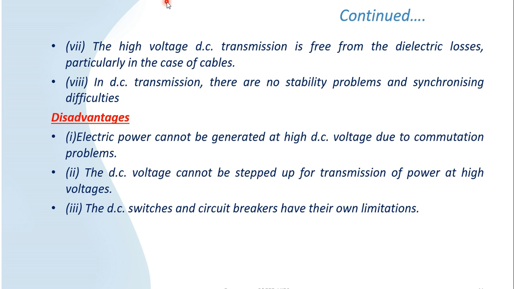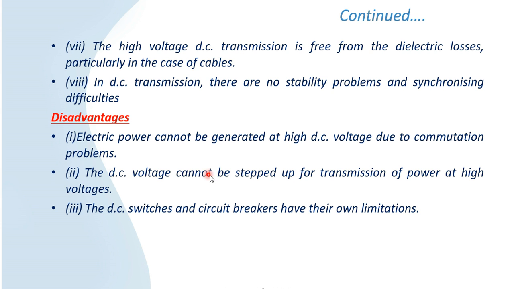The disadvantages are that electric power cannot be generated at high voltage due to commutation problems. We know that in DC generators, it requires a split ring or commutator. There will be sparking problems if it is used for high voltages. So power generation is easier in AC by using alternators.